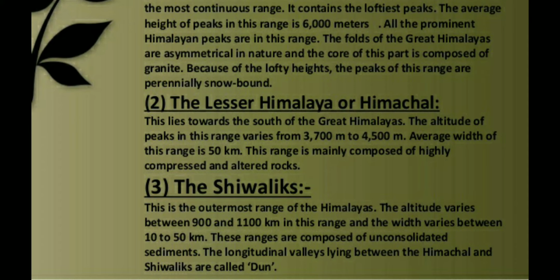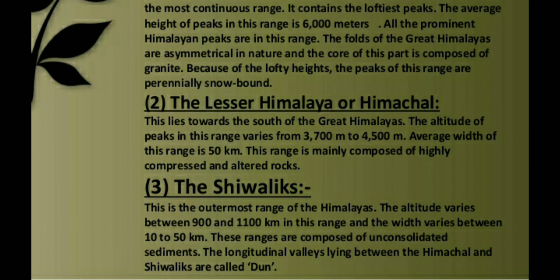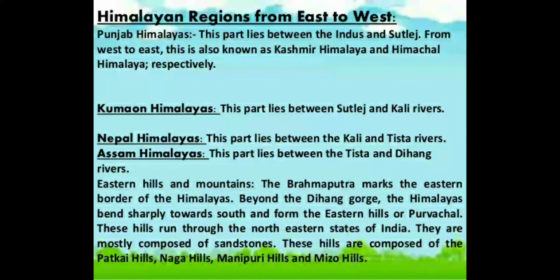What is a Dun? A Dun is a longitudinal valley lying between Himachal and Shivaliks. Longitudinal, not latitudinal. Now, Himalayan regions from east to west.